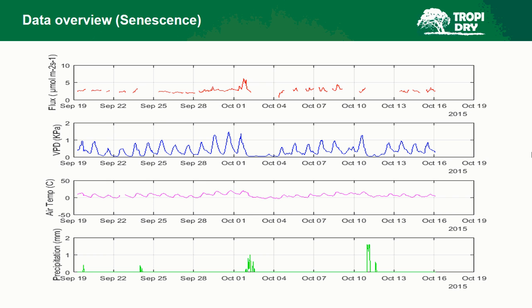For the senescence or brown down season, we've got a similar chart: flux, VPD, air temperature, and precipitation. The correlation matrix is as follows here in the next slide as well.